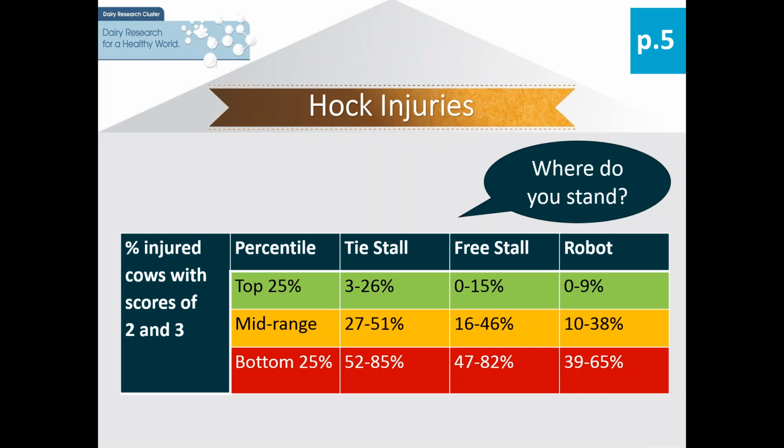That tells us a number of things. It tells us that we have a huge range to work from. Some producers are doing very well, so we can learn from them: what are they doing well that's limiting the amount of hock injuries on their farms?